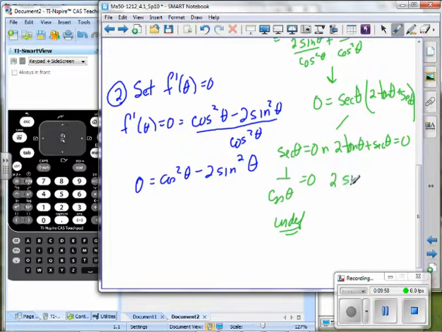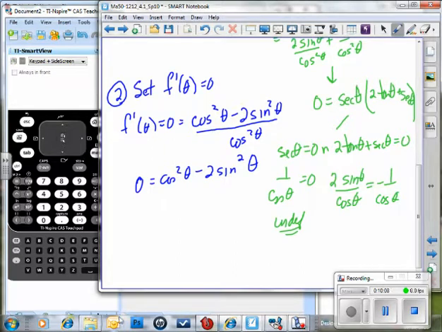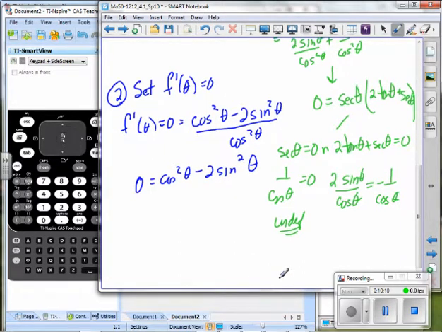Let's see, that's 2 sine theta divided by cosine theta equals negative 1 divided by cosine theta. Can we do that? I have 2 fractions with the same denominator.